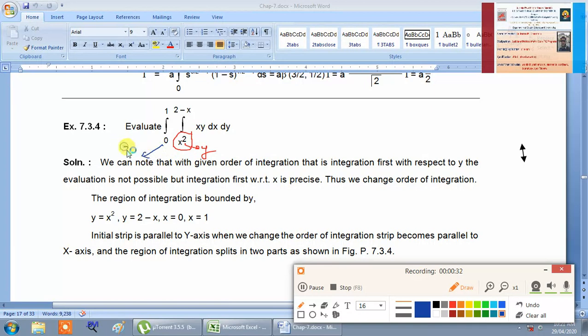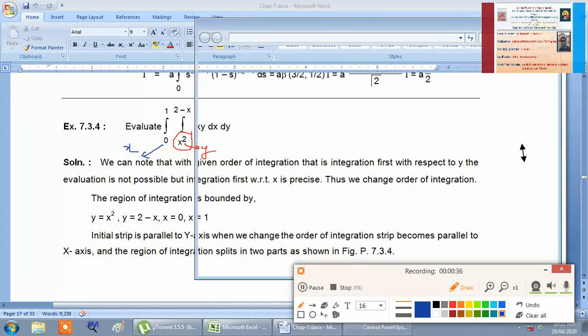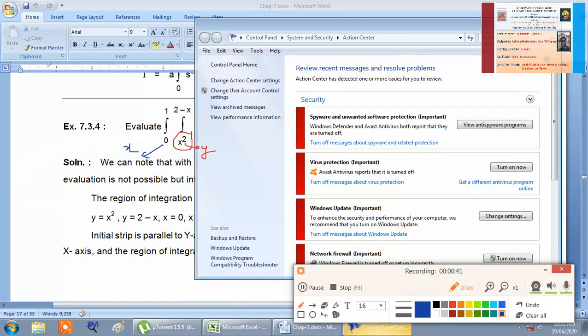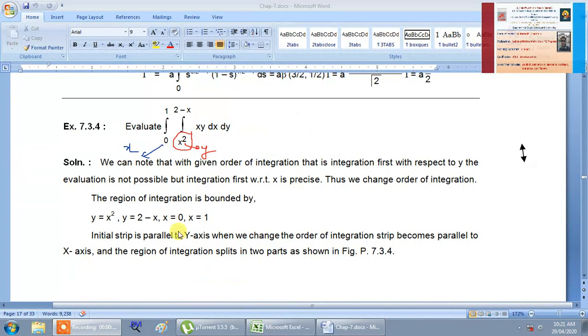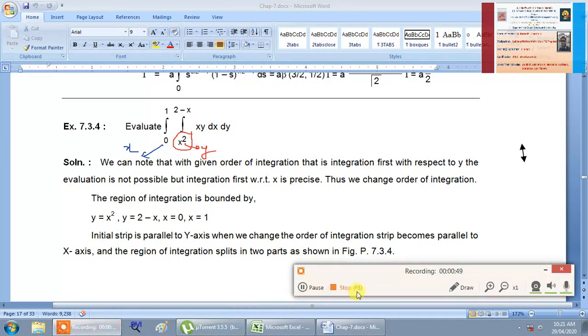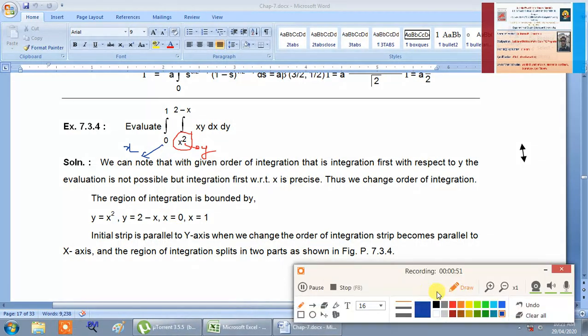variable? The x variable. So the region of integration now will be bounded by four curves. The first curve is y is equal to x square.